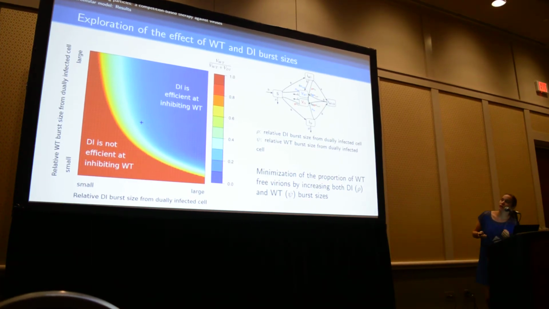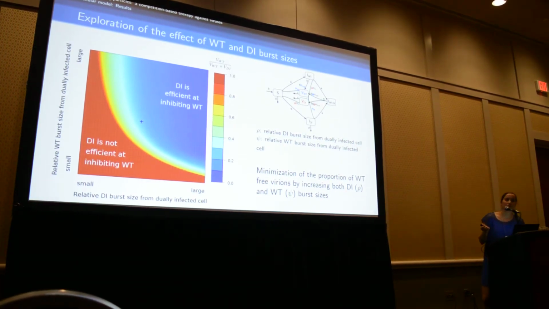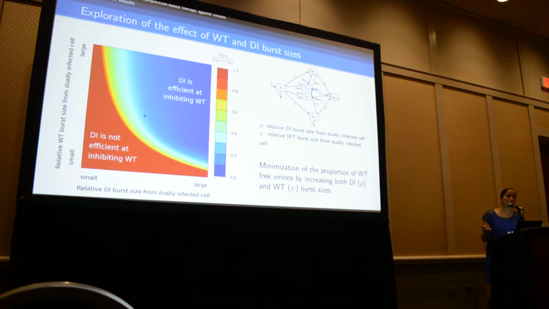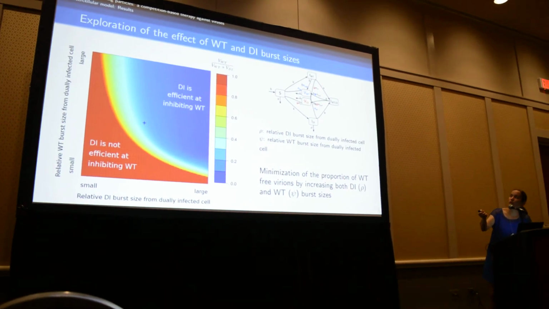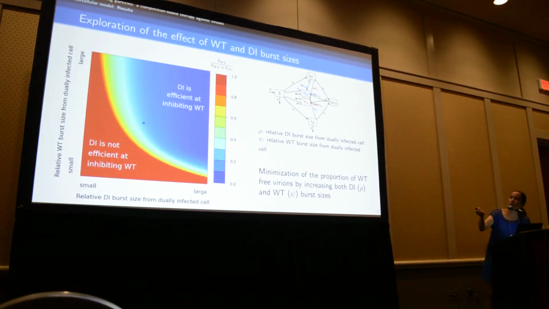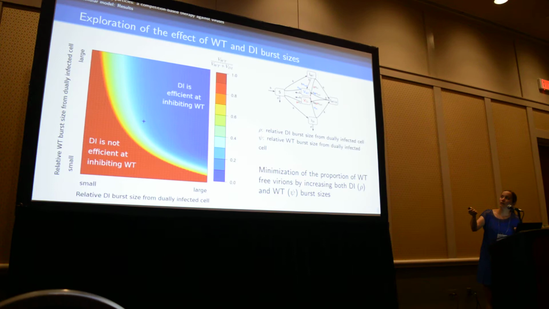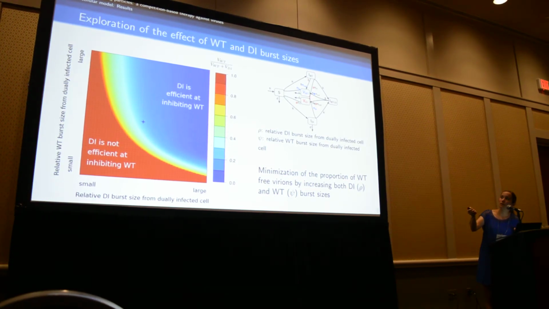if you look at the flow diagram of the model, in order for the DI to play its parasitic role, it needs to co-infect a cell with the Y-type. And in order to do so, it's a long way because you need first primary infection and then secondary infection. So in order to increase the probability of co-infection of the cell, one way is to increase the number of free variants.